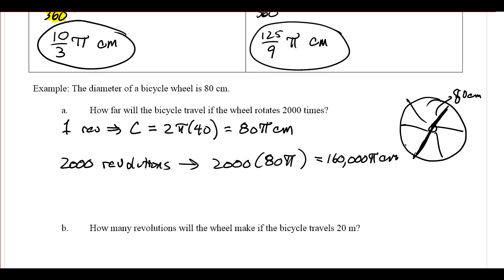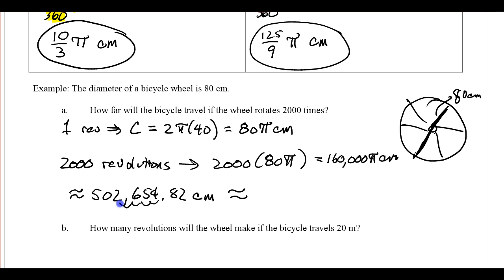Alright, so how far is 160,000 pi centimeters? Well, that's going to be approximately 502,654.82 centimeters.